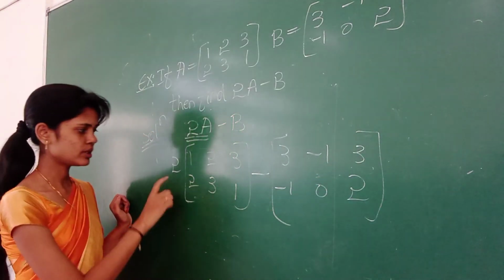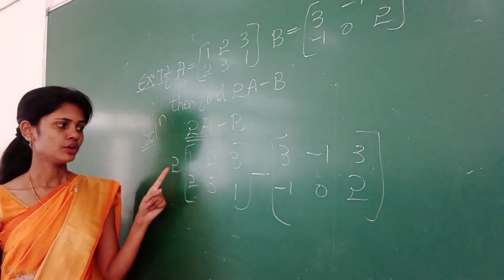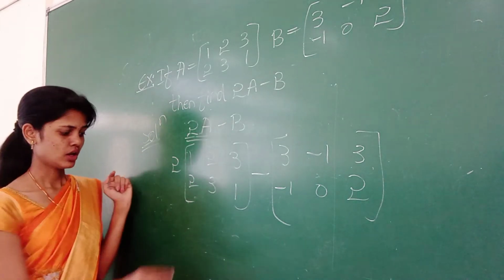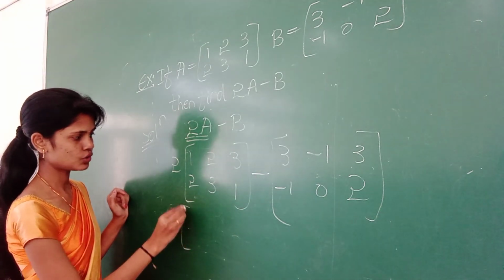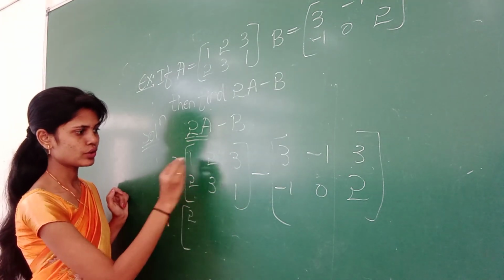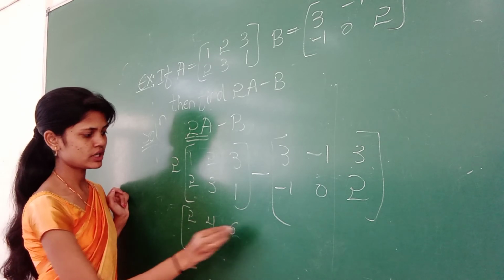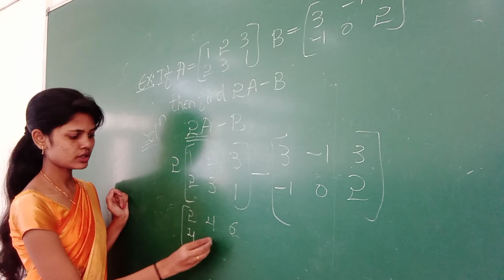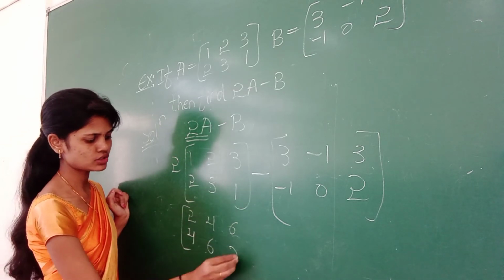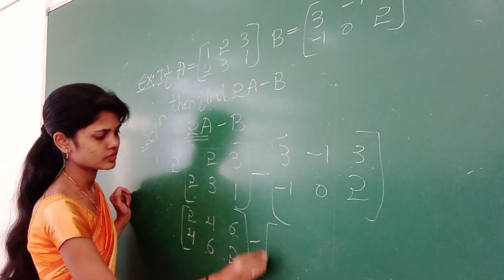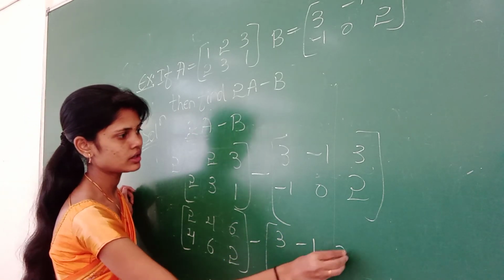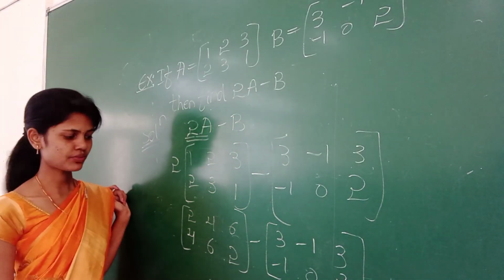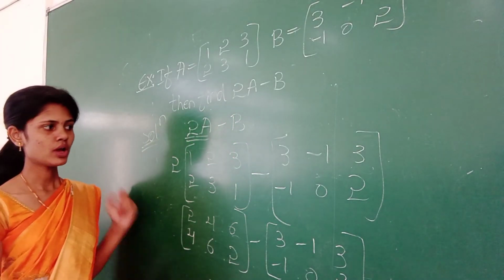For the multiplication of this one, 2 must be multiplied by every element of the matrix A here. So what can we write? 2 into 1 is 2, 2 into 2 is 4, 2 into 3 is 6, 2 into 2 is 4, 2 into 3 is 6 and 2 into 1 is 2, minus 3, minus 1, 3, minus 1, 0, 2. So we must find the difference of these two matrices.